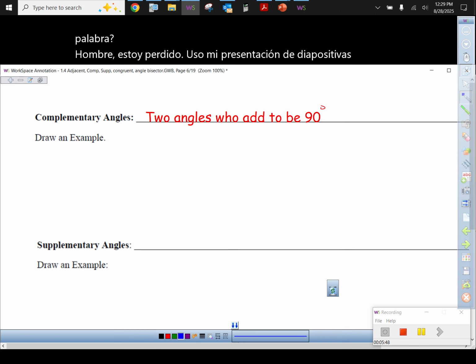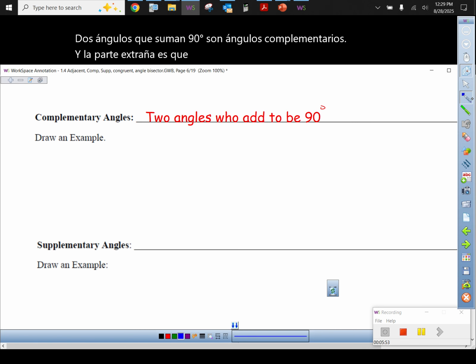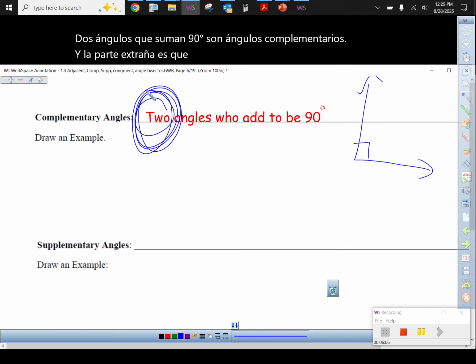And the weird part is, that's harder than people think to do, because watch this. You don't need to draw it. This doesn't work. That is not complementary angles, because how many angles do you need to be complementary? You need two. I drew one angle that measures 90 degrees. That is not considered complementary. It has to be two.